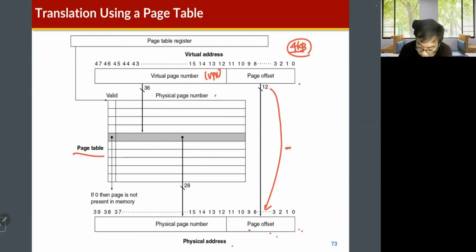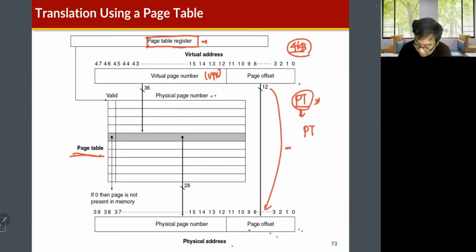So in the processor, the processor stores the page table register, and this page table register points to the first address of the page table. Okay, because the page table is managed by the operating system, the page table is a software data structure, as I explained.